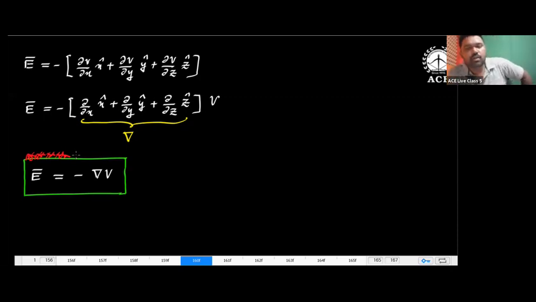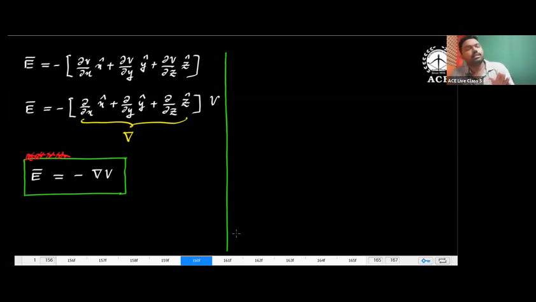Clear, beta? Now let us try to have the physical interpretation of this equation. What this equation is saying. There is a minus sign here. I think in the second class, we talked about what is called a gradient. What is a gradient, beta?